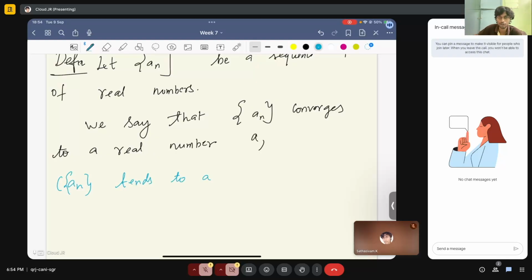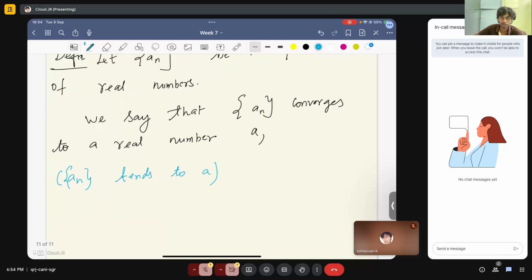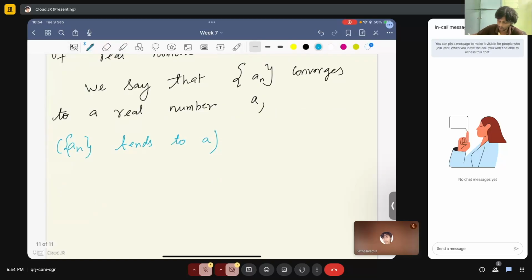This is a different way of writing it. People also write this a as the limit of a_n as n tends to infinity.